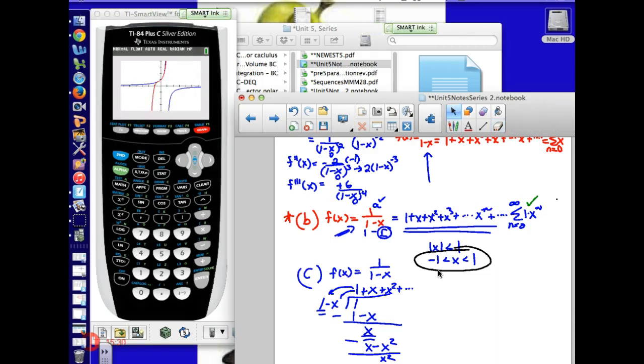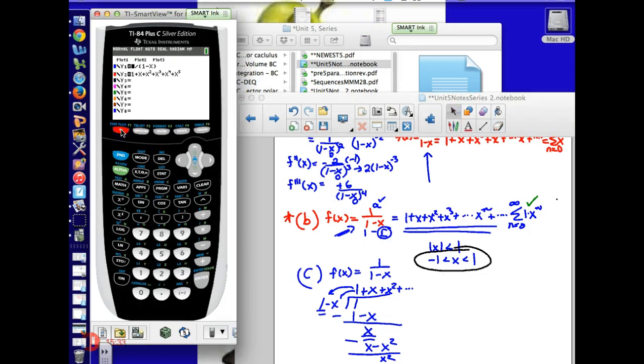Every time, though, I add a degree to my power series, and I'm just going to insert an x to the 6th right at the front of this, that curve gets wrapped around there much more tightly.